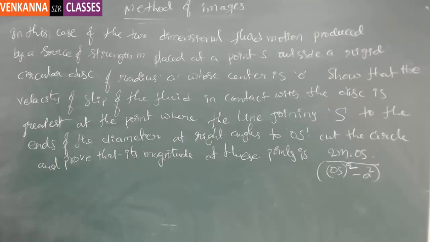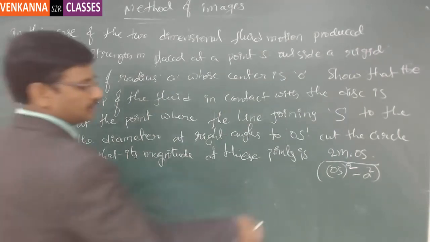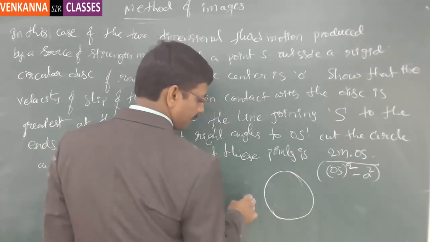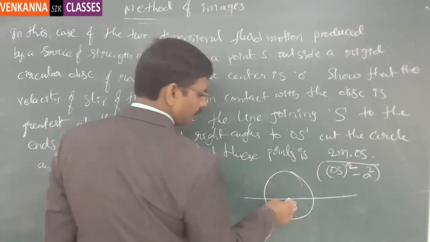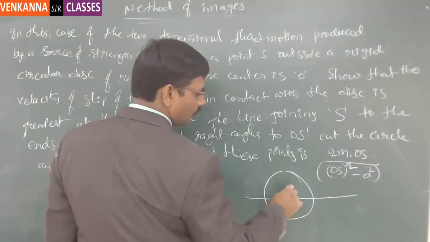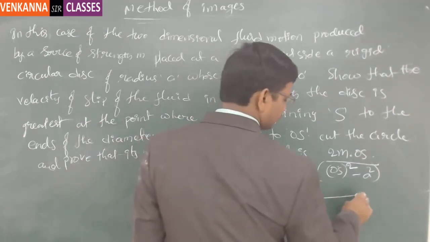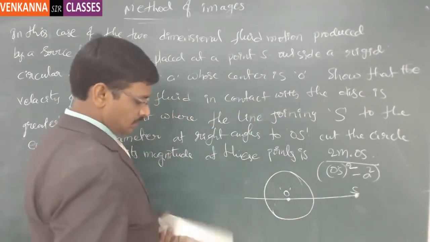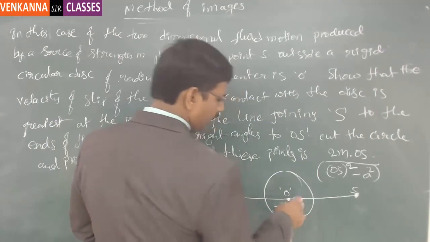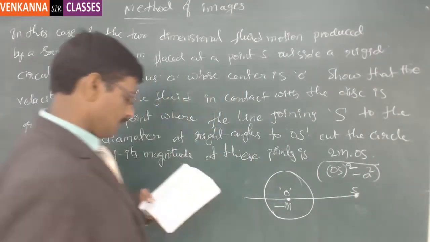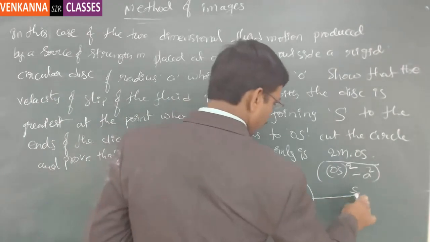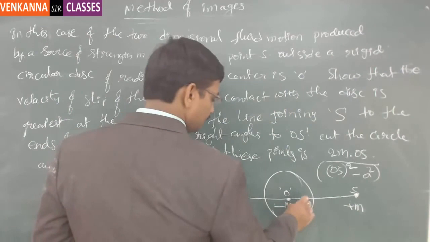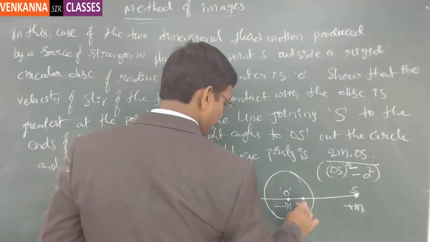Now here there is a cylinder like this, and there is a diameter here, and this is the point O, and this is the point S. Now this is a sink of strength minus m, and at point S there is a source of magnitude plus m, and here there is a source of magnitude plus m.